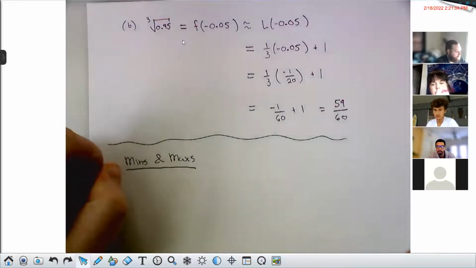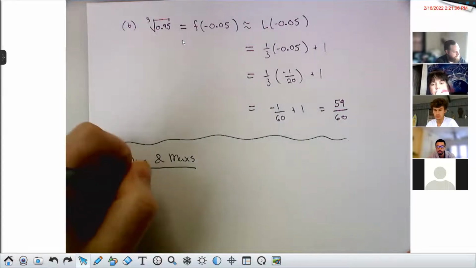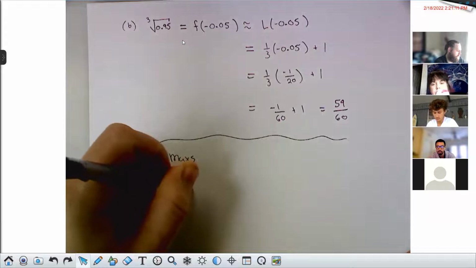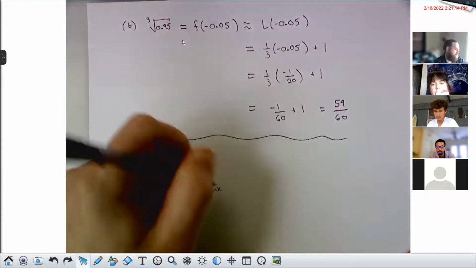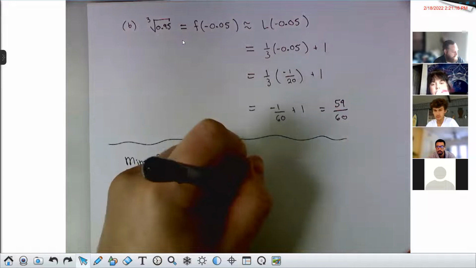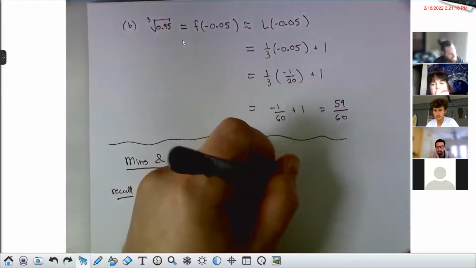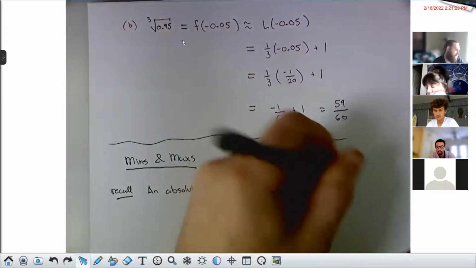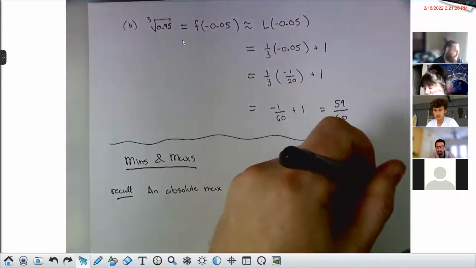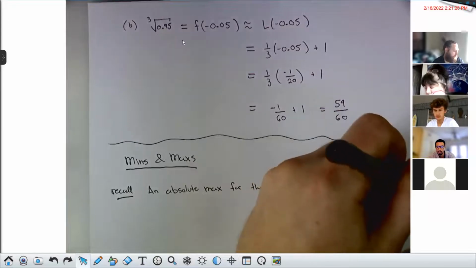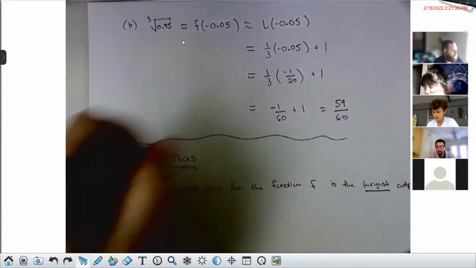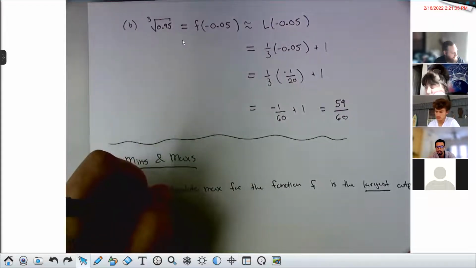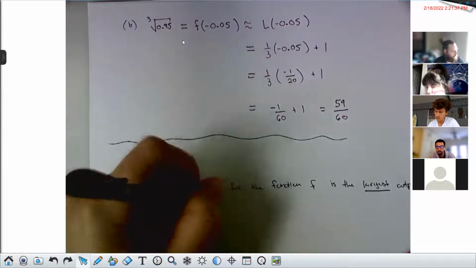So let me just say, recall that an absolute max for the function f is the largest output from f anywhere on its domain.